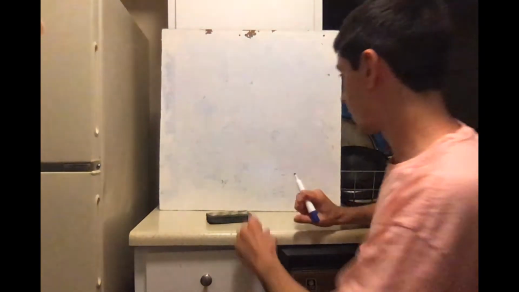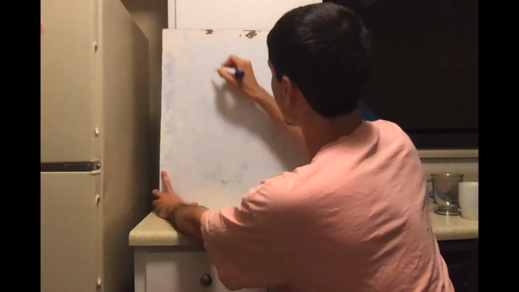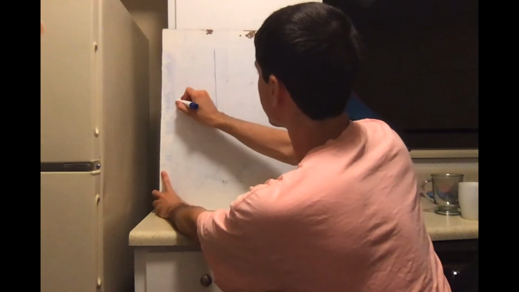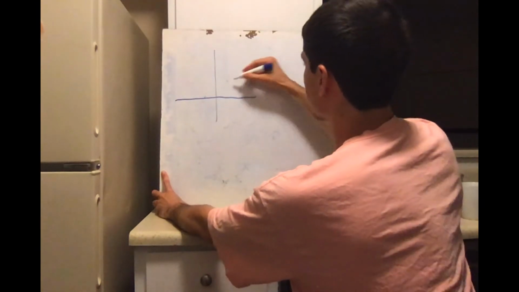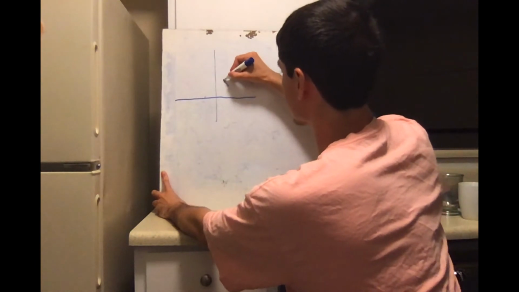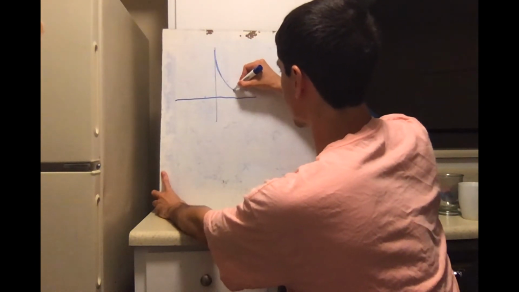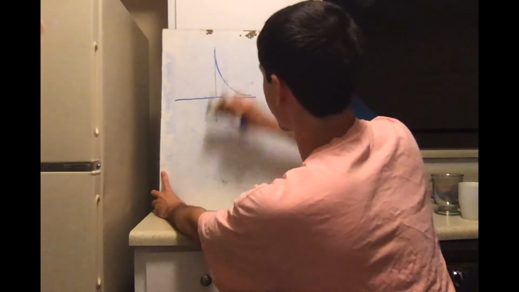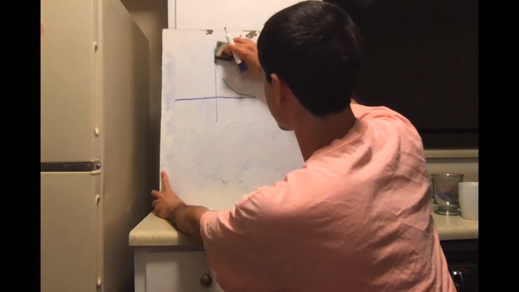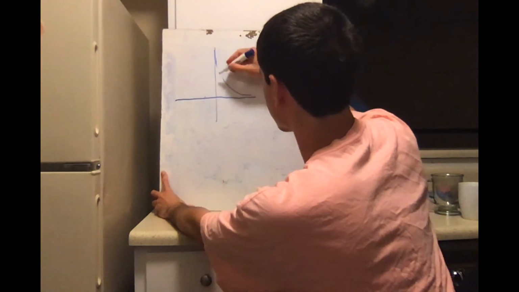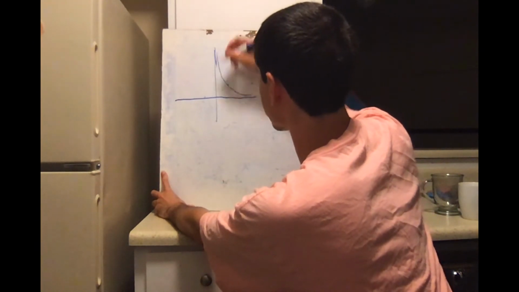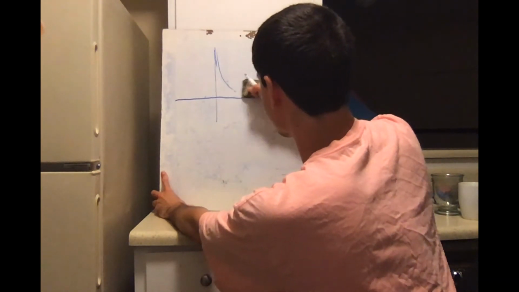So what about probably the first function most of us ever acquainted ourselves with that has asymptotes? I'm drawing those asymptotes a little bit too close. I'm going to try to fix that.